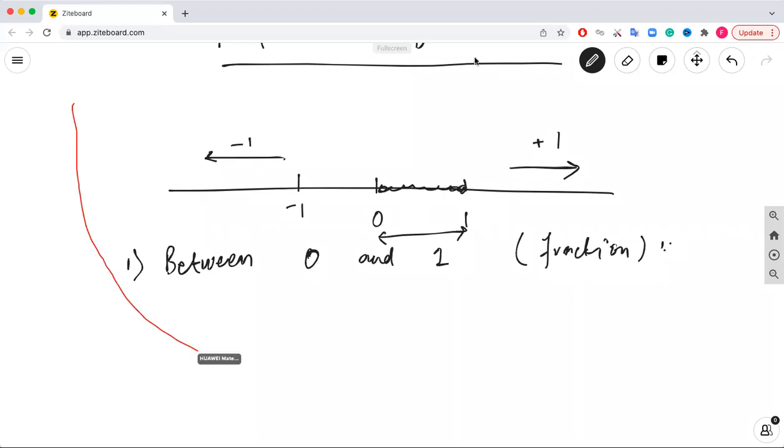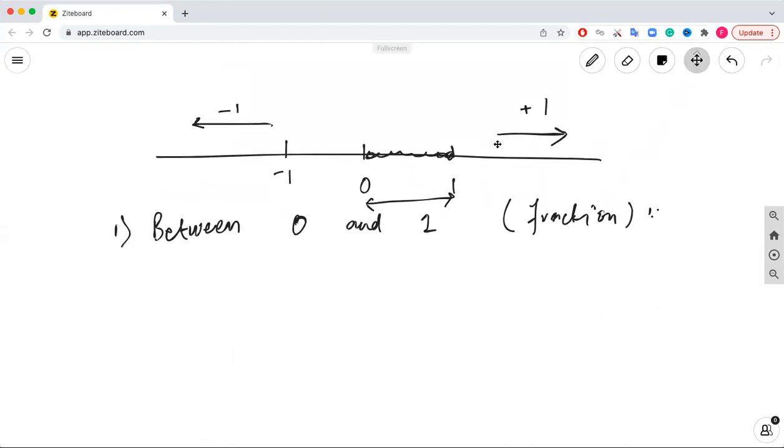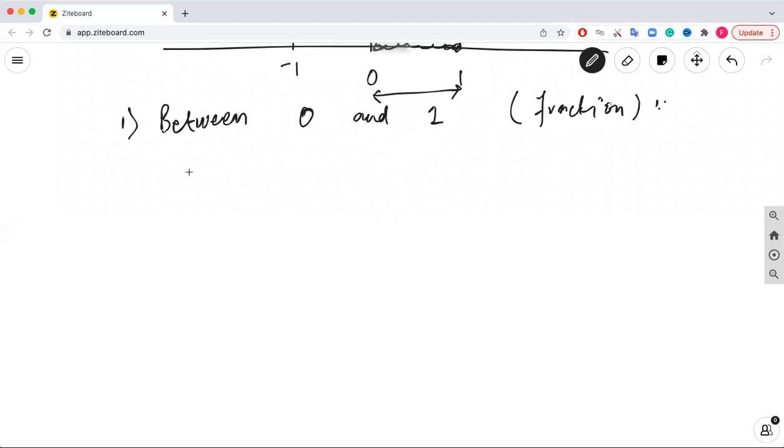Just take any example. Let's consider the number 1/2, right? That value is between 0 and 1. What will happen if we increase the power of this number?